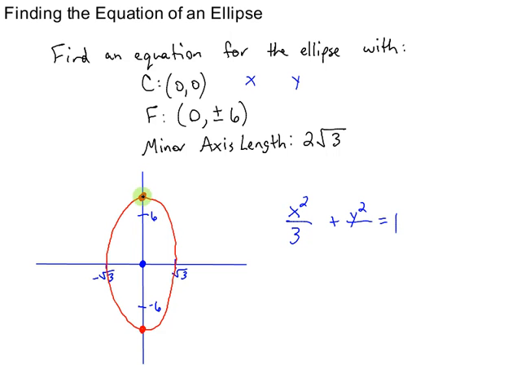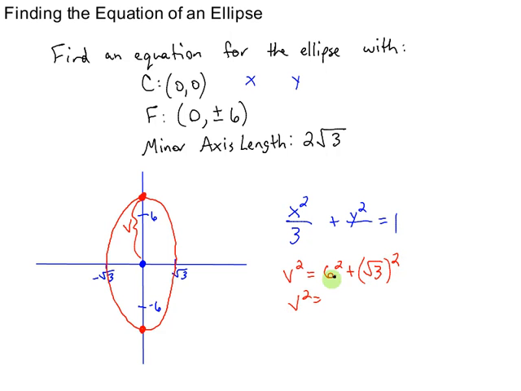I know that this distance is v, my vertex distance, so let's label it like this. I know that's the bigger distance of the 3 that I see. So, setting up the Pythagorean theorem, v squared is going to be 6 squared plus the square root of 3 squared.